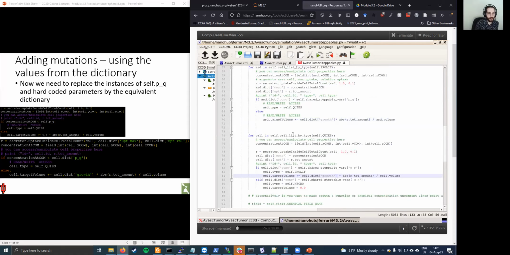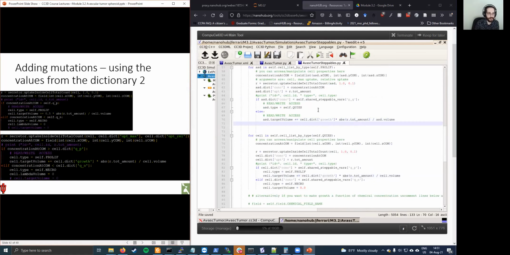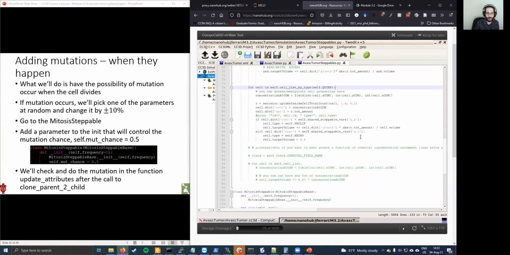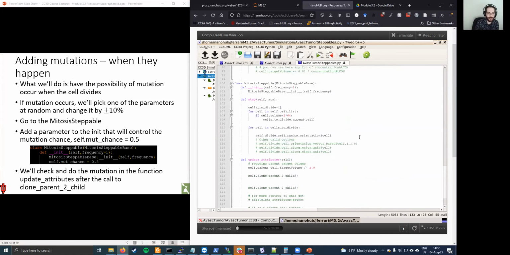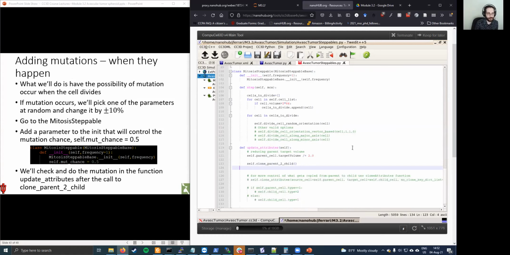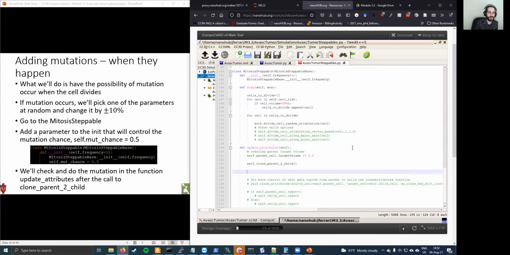And then we are going to have mutation happen when the cells divide. So we are going to go all the way down to the mitosis tuples that we forgot about until now. After clone parent to child, we are going to have our cells have a really high mutation chance. We are going to have a mutation chance of 90%.